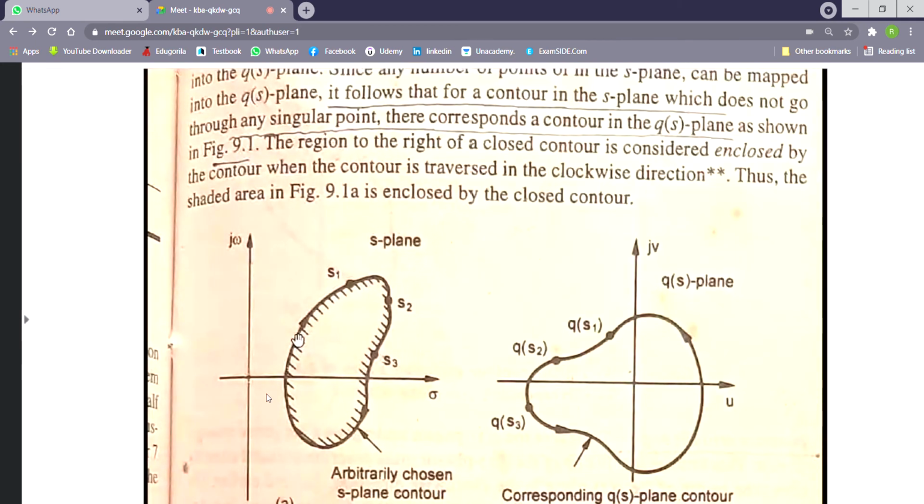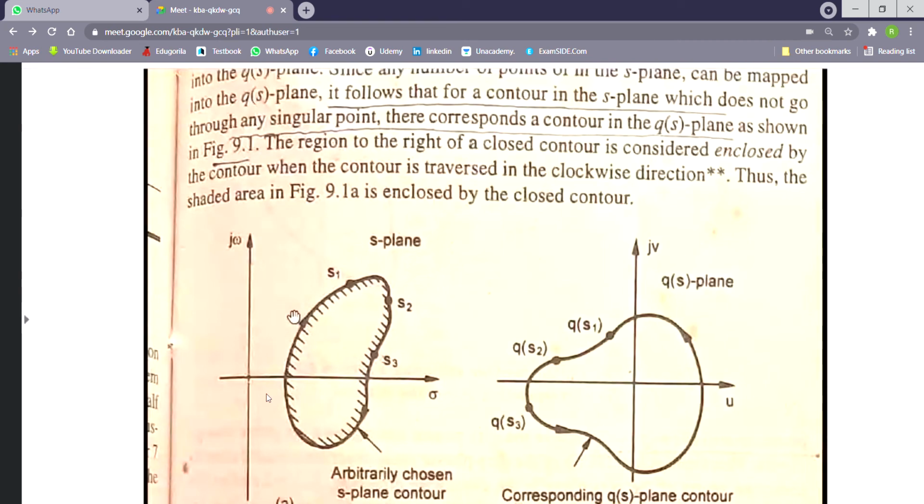If we move along this contour in this clockwise direction, then this is the region lying to the right of the contour.